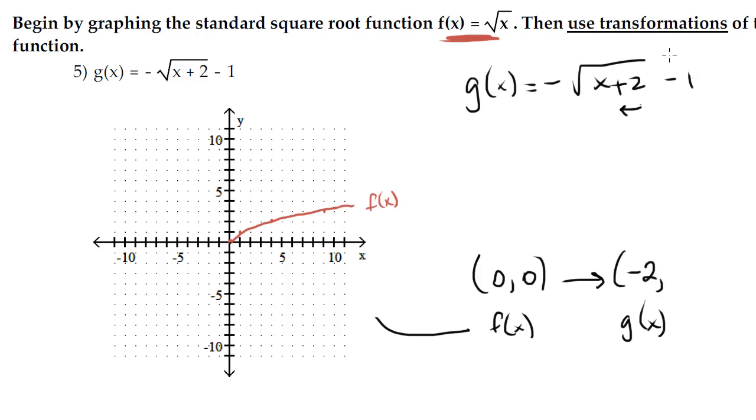This number outside here, outside the grouping, tells me up or down. Negative 1 means I'm moving down 1 unit. So this point 0, 0 is moving to negative 2, negative 1.